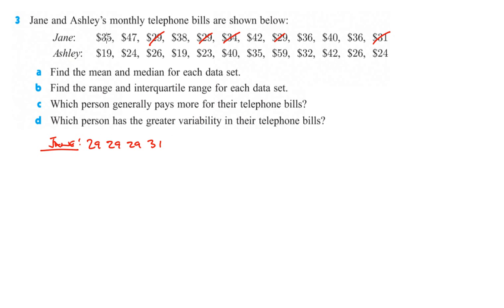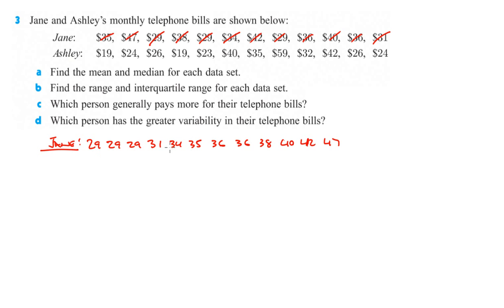So then we got a 34 and a 35 and a couple of 36s. And then a 38, 40, 42, 47. Okay, that should be all of our data there.